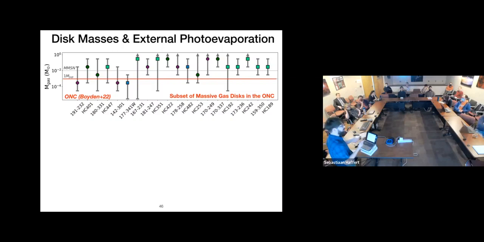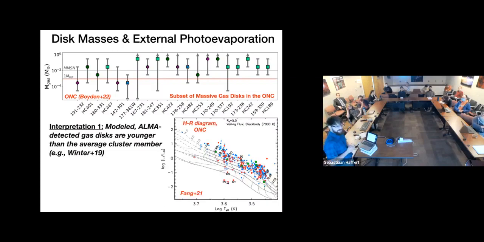And there are a couple of different reasons why we might expect massive gas disks in the ONC in spite of this anticipated environmental impact. One possibility is that the ALMA detected gas disks in our sample are younger than other cluster members in the ONC.